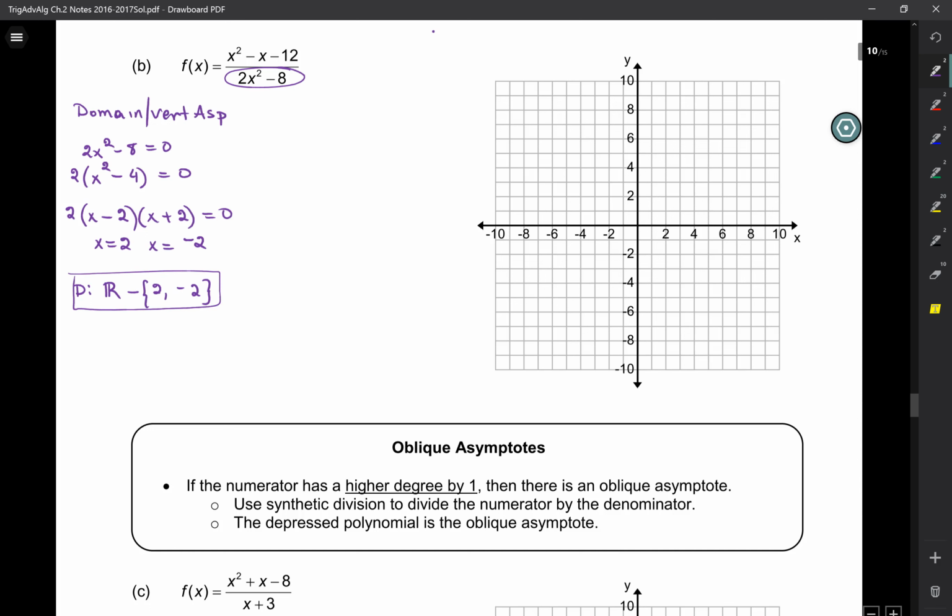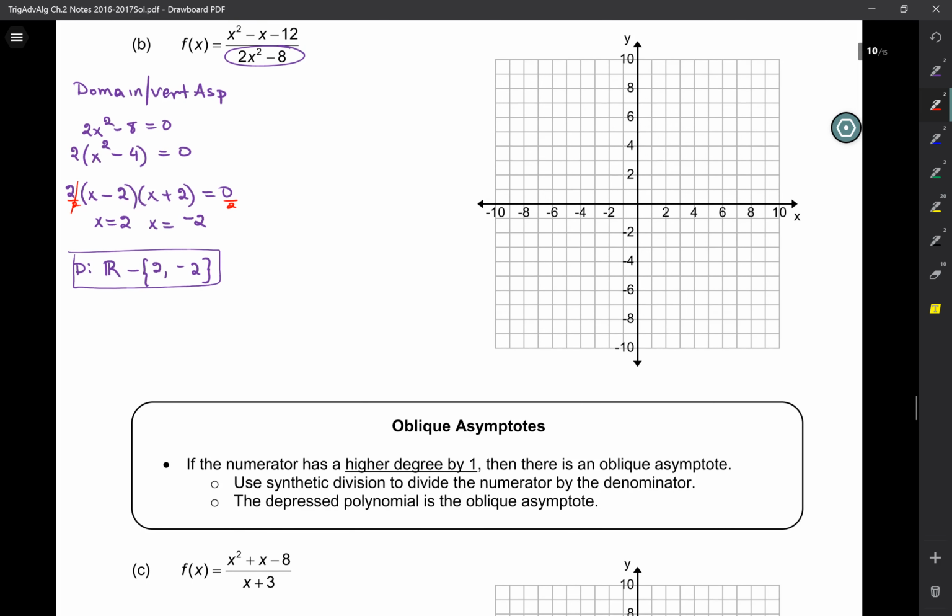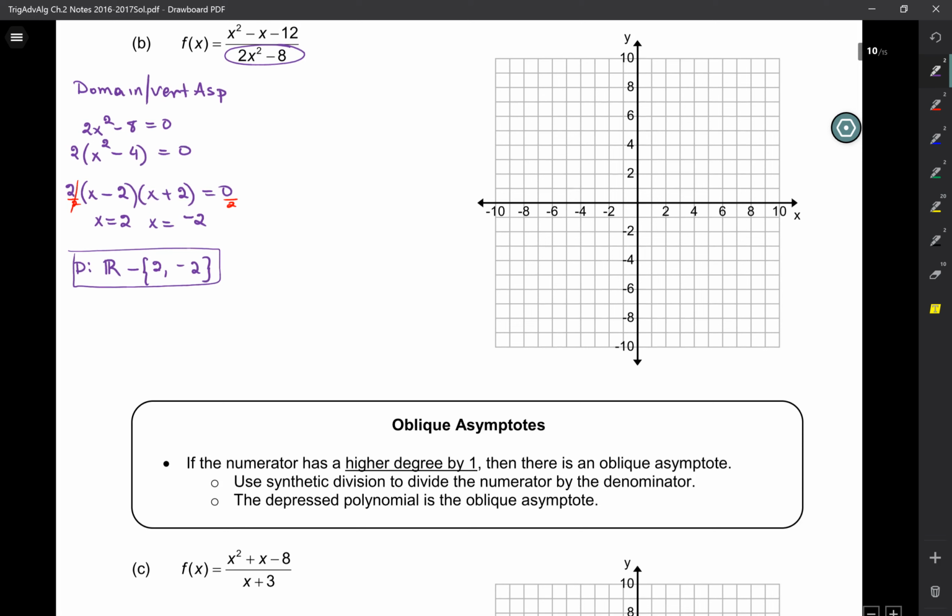The 2 just stays; when you're solving, you can divide both sides by 2 and that goes away. It's only the factors with x plus or x minus that you solve for: 2 and negative 2.